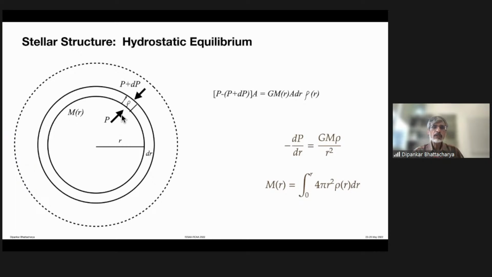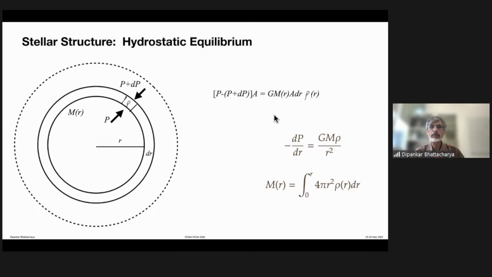So the force pulling this element of material inwards is G capital M of r, A dr, the volume, times rho of r.